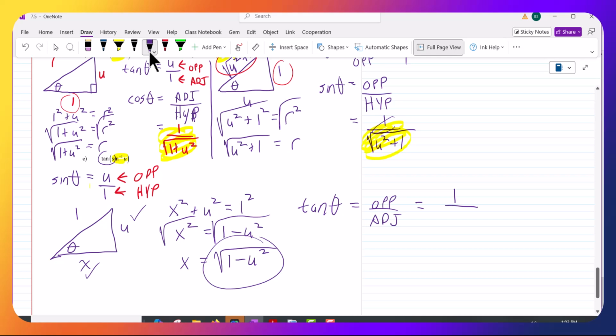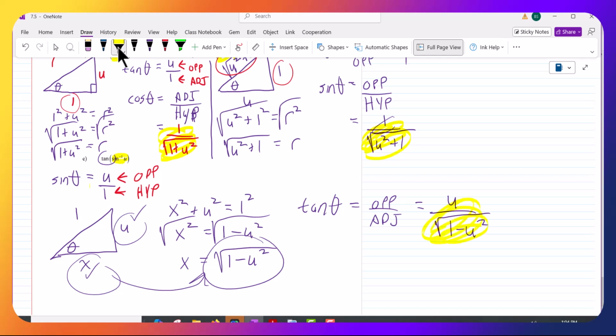So the answer to this would be the side opposite, which is u, over the side adjacent, which is the square root of 1 minus u squared. Okay, so that's how you put that together. So that will be in the video on this, and the main thing you want to be able to do on this is work with inverse trig functions and the composition of functions. Okay, good luck.